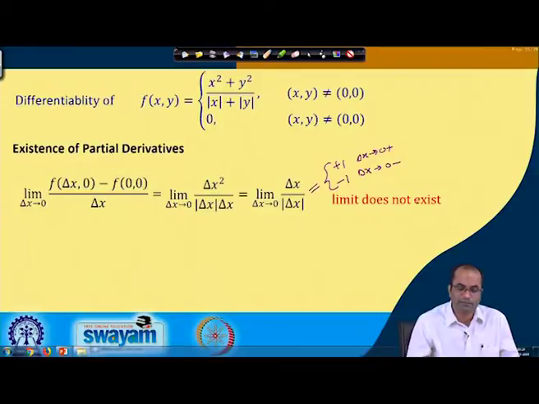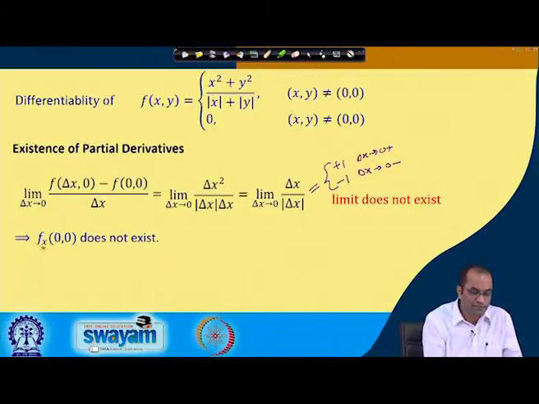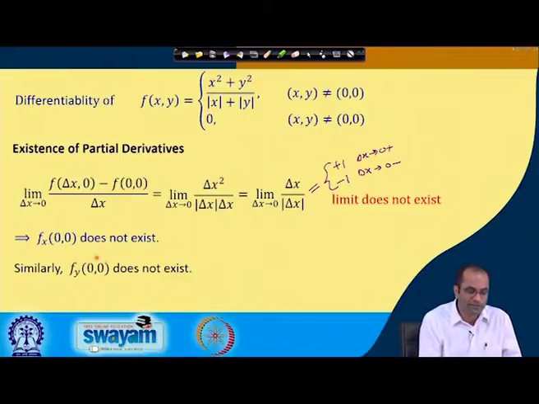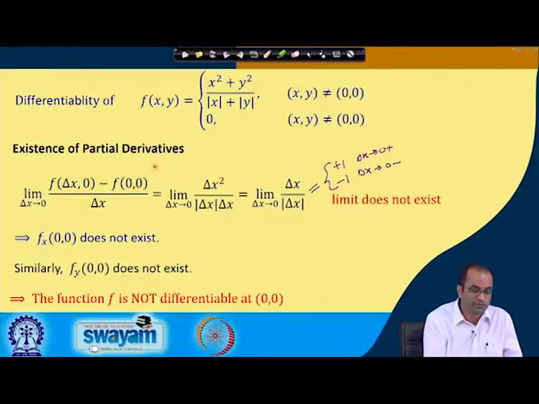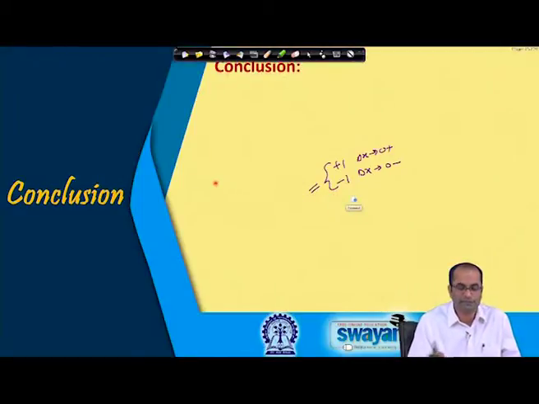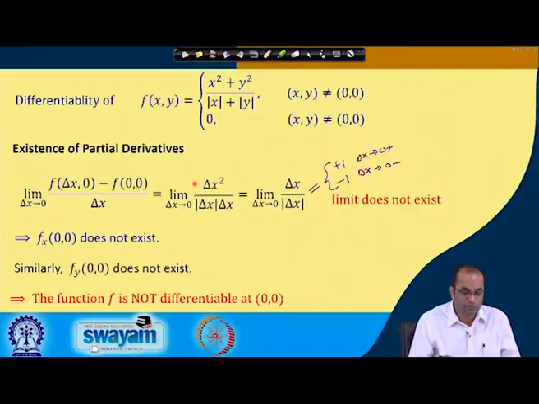We have shown this just for one derivative, f_x, but since the function is symmetric, x² + y² over this, we can also show that f_y at (0, 0) does not exist.